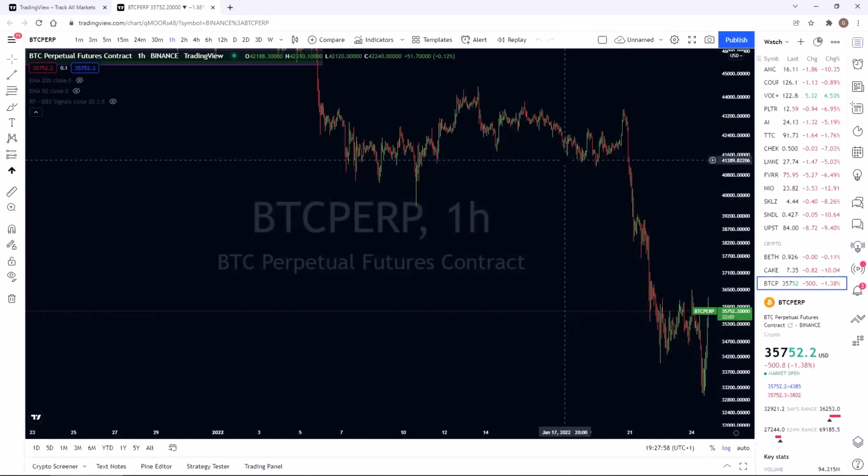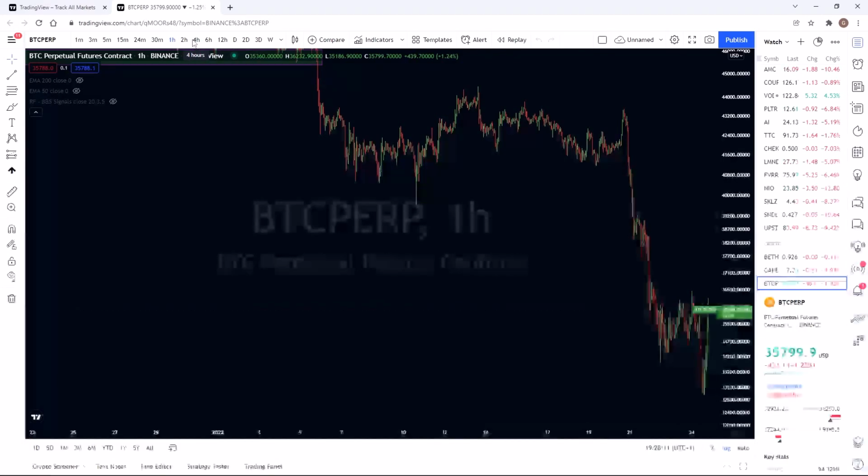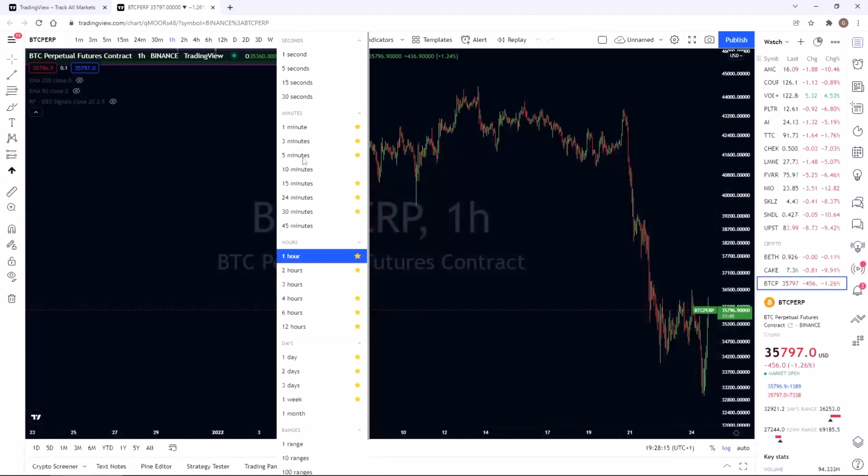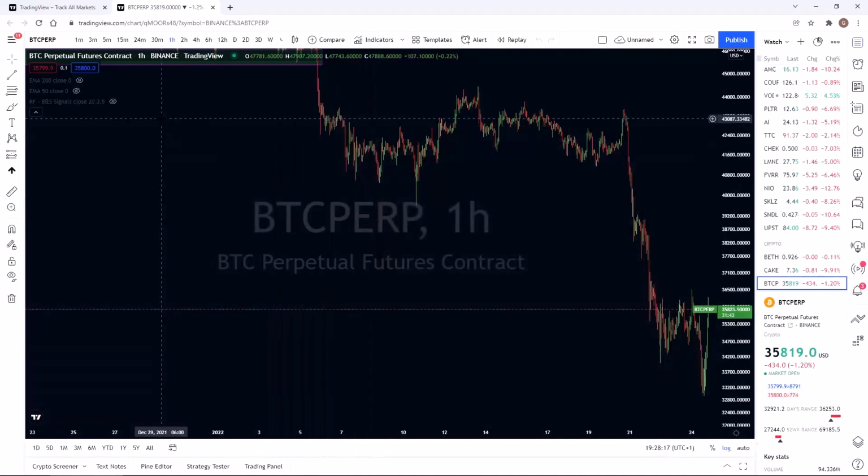Now, for this example, I will set the chart to the 1 hour time frame. You can select this right here in the top of the chart, and the time frames range from minutes all the way up to days or even weeks or even months.